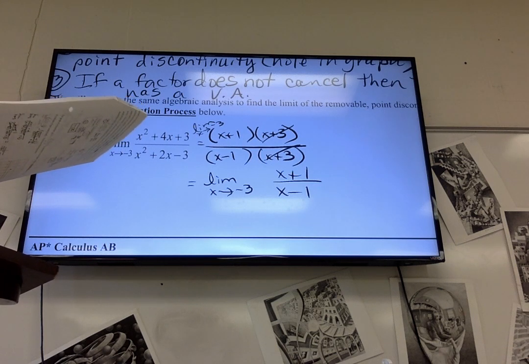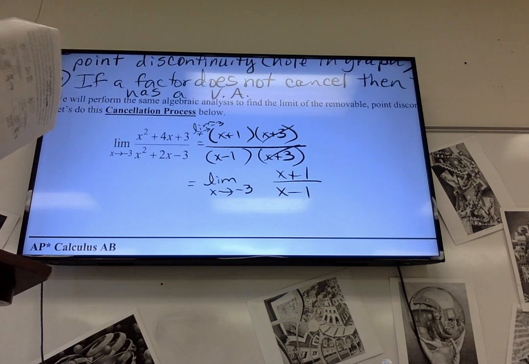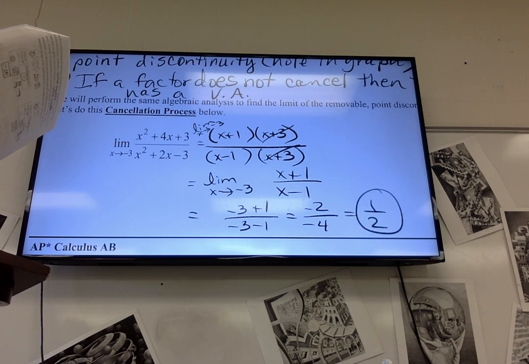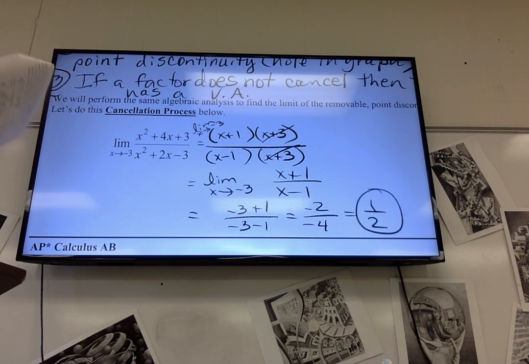Now we can do direct substitution. I can plug in negative 3 and get negative 2 over negative 4, which is 1/2, which is what we got from the graph.